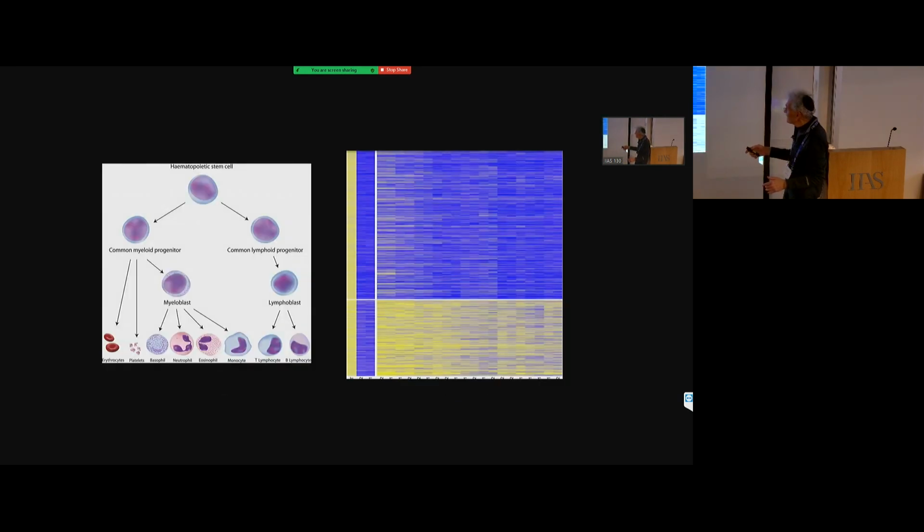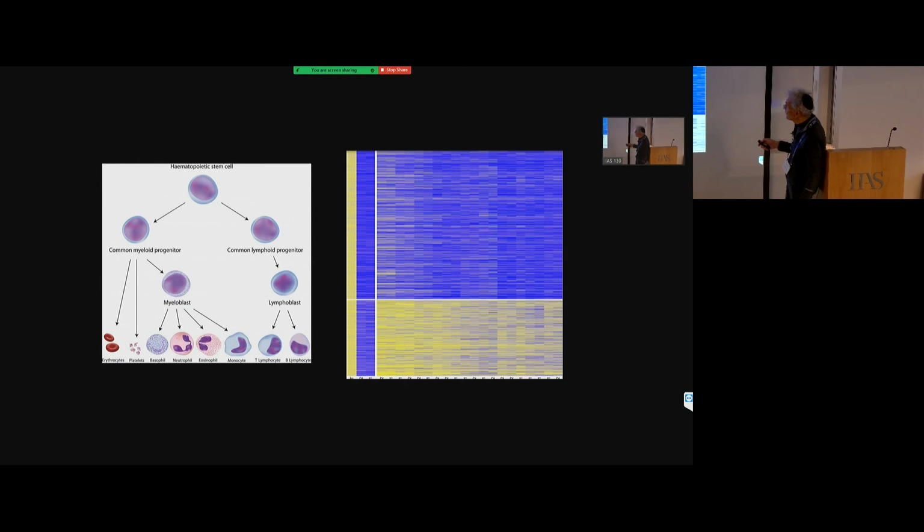Another example: here's the blood system, the hematopoietic system. You all recognize it. There's a stem cell. It gets to multipotential cells and then divides into lymphoblastic and myeloblastic lineages, and generates all the different cells in the lymphoid and myeloid systems.